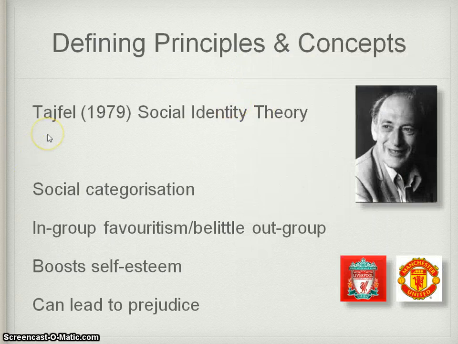First of all, Tajfel, 1979. Tajfel was actually a Jewish young man in Nazi Germany who escapes over the border to France, and then when the Nazis invaded France and they questioned people like him, he refused to deny.